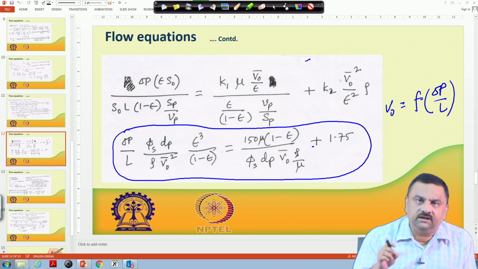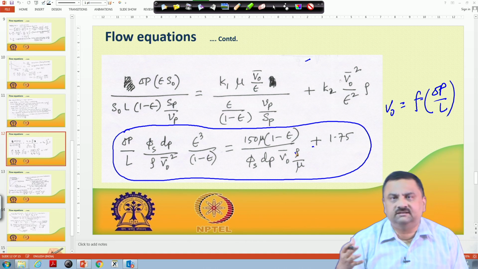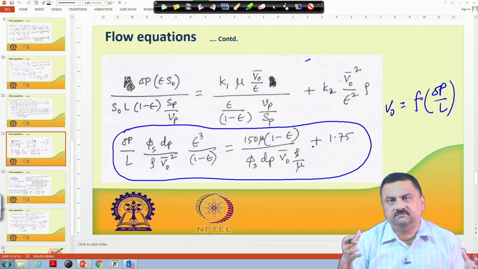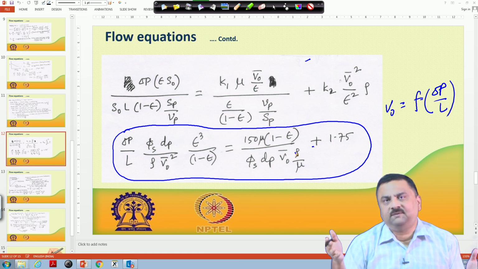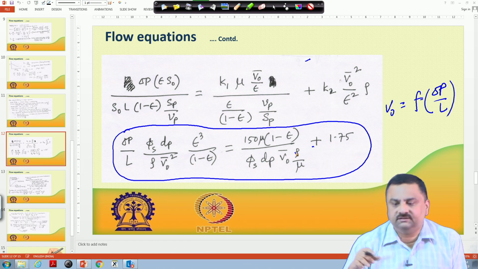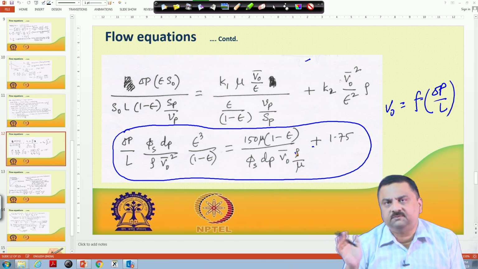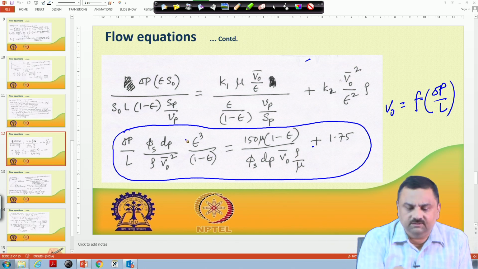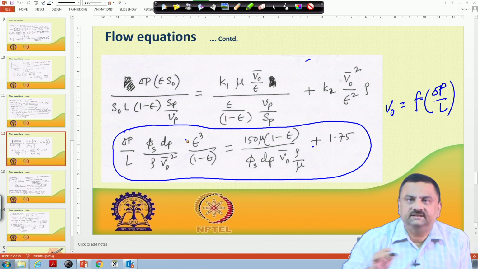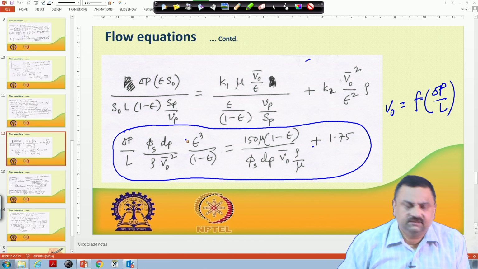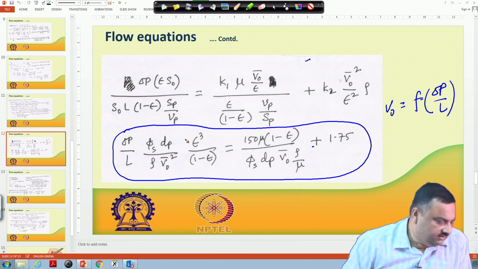But when you do not have that, you are just treating the porous medium as a black box. There only the permeability term as a lumped parameter is taking care of all these nuances. So these are completely two different approaches, and there is no point in finding permeability out of this expression as such. That would be the answer in this case.